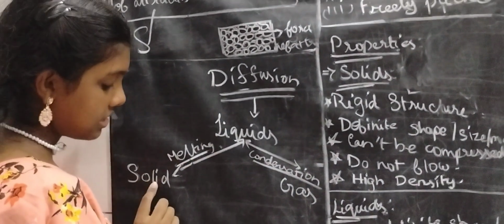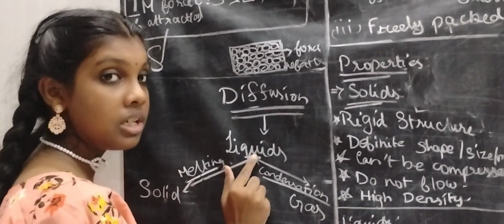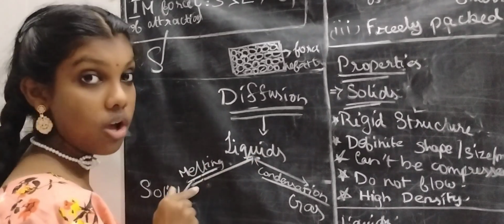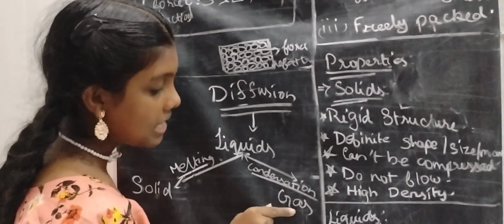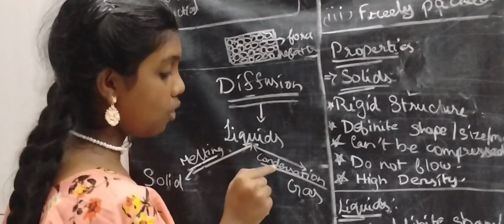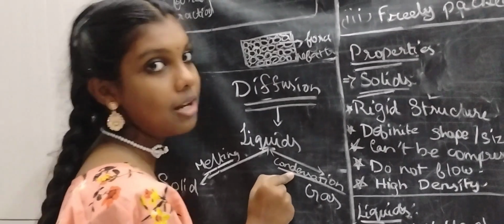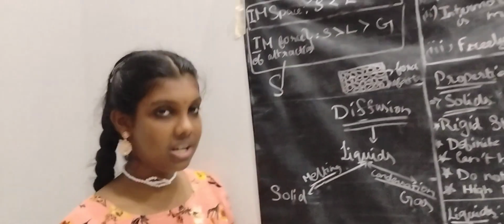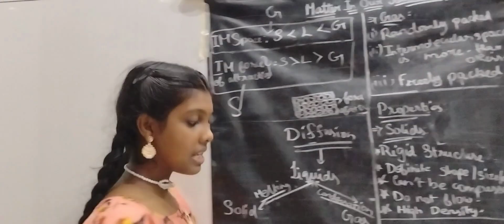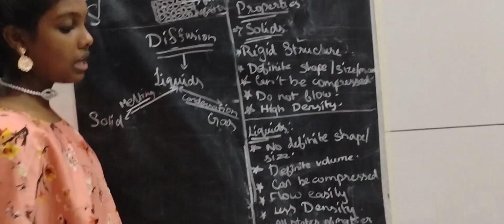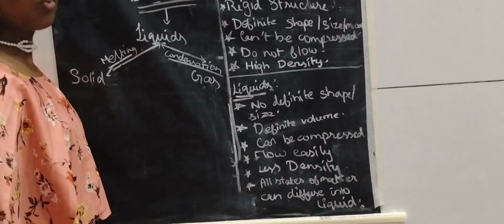For example, solid can diffuse into liquids in the process of melting, and gas can diffuse into liquid in the process of condensation. So I hope you all have understood it. This is how they state that all states of matter can diffuse into liquids.